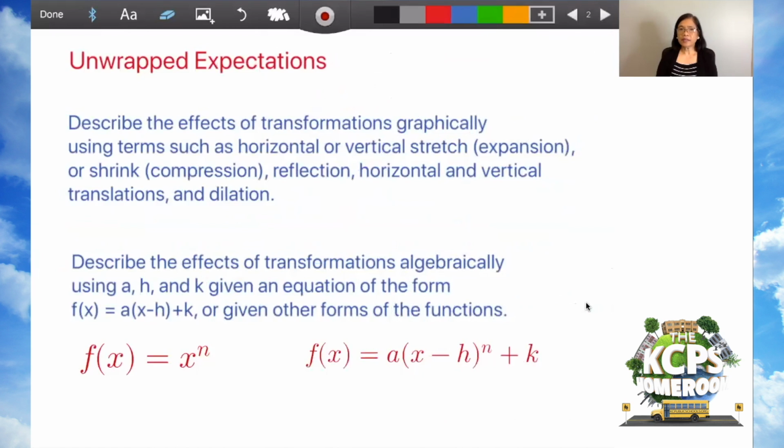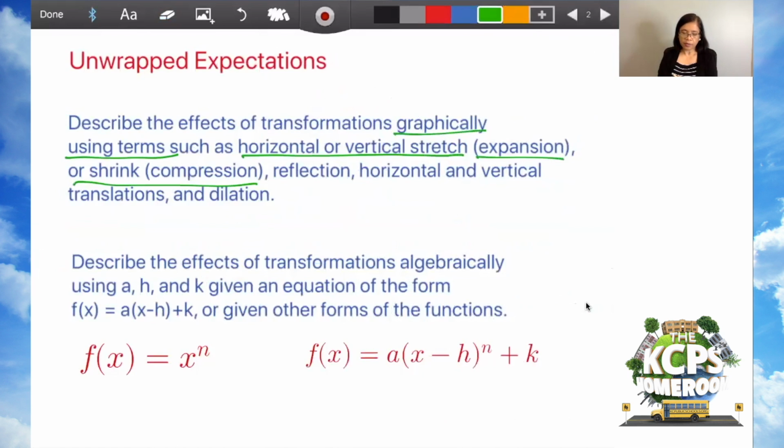For this standard, we will focus also on the two unwrapped expectations. They are: describe the effects of transformations graphically using terms such as horizontal and vertical stretch, which is expansion, or shrink, which is compression.